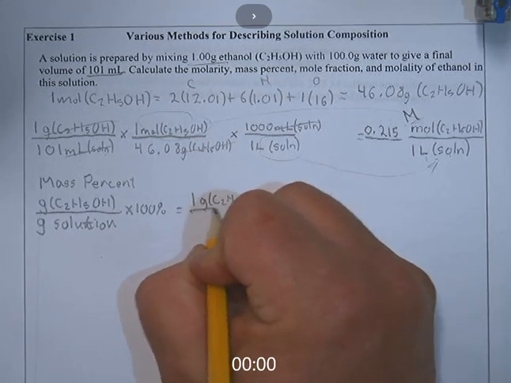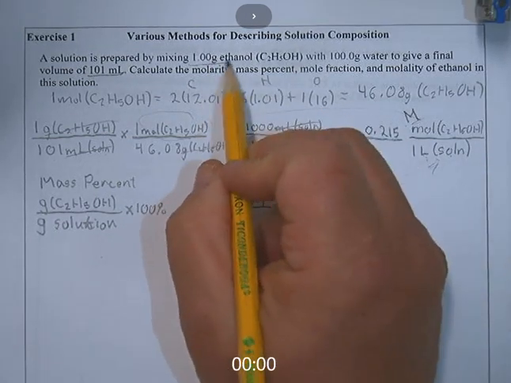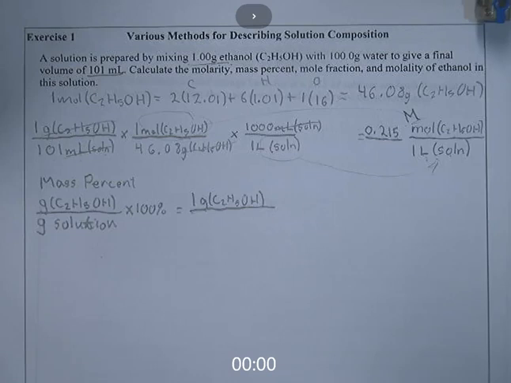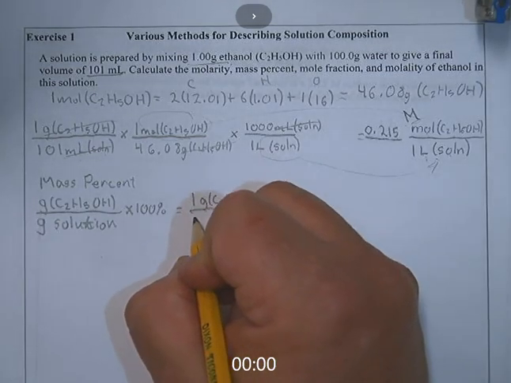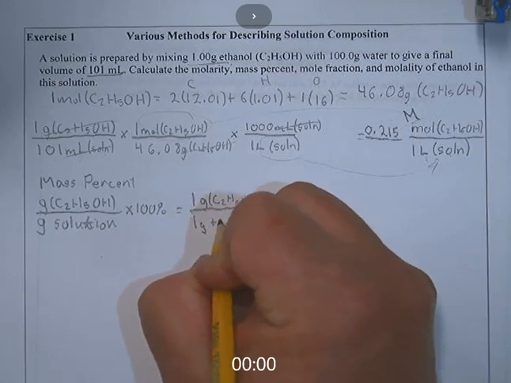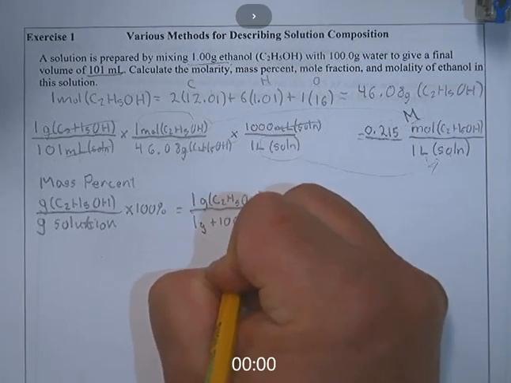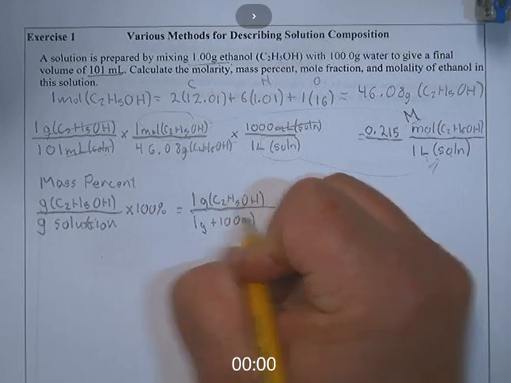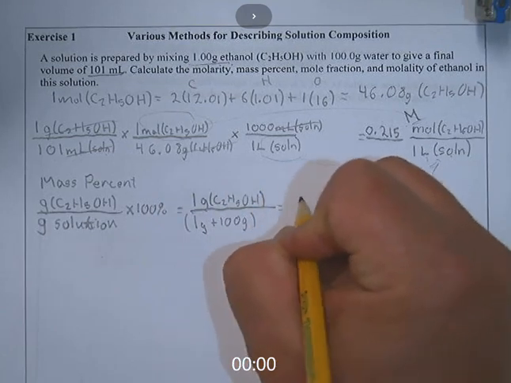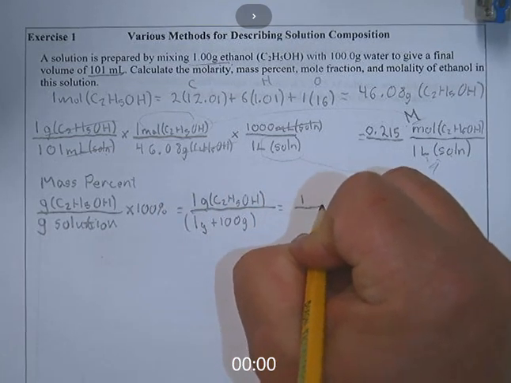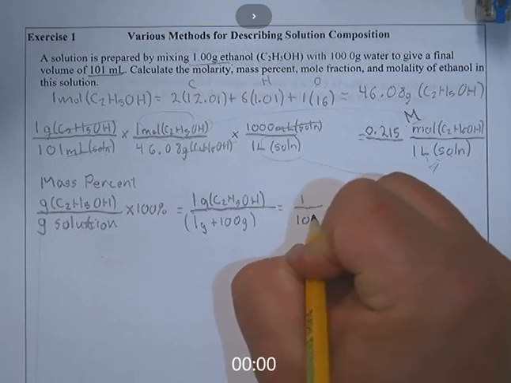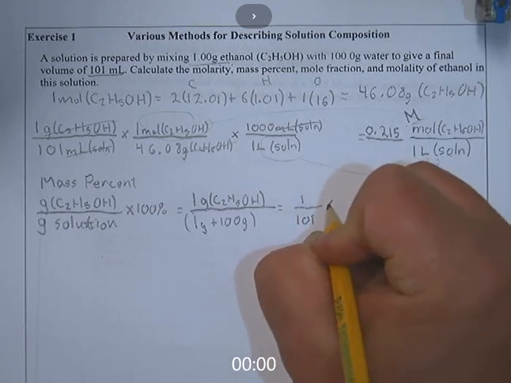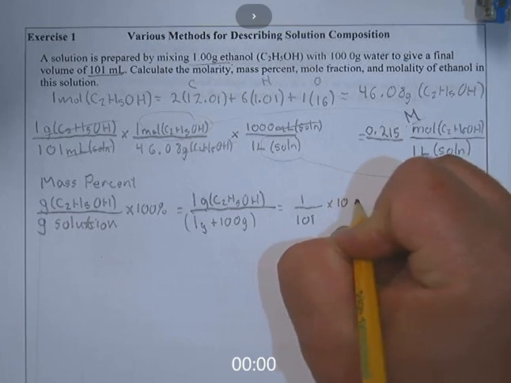And how many grams of solution do we have? Well, we have 1 gram of ethanol and 100 grams of water. That's the total solution right there, those two things. So it's 1 gram plus 100 grams for the water. And that gives us 1 over 101 times 100%, because the grams have canceled out at this point.